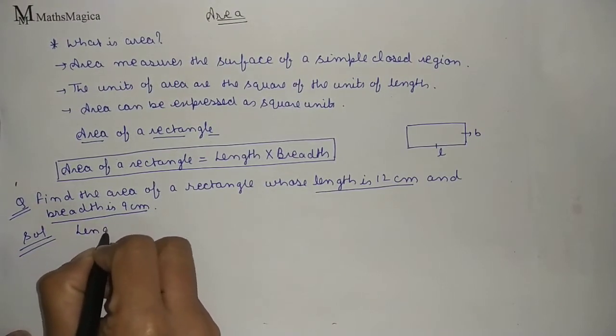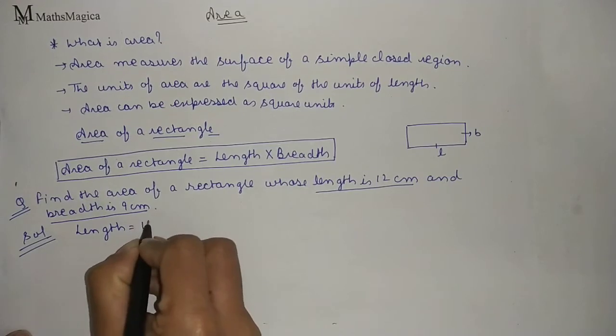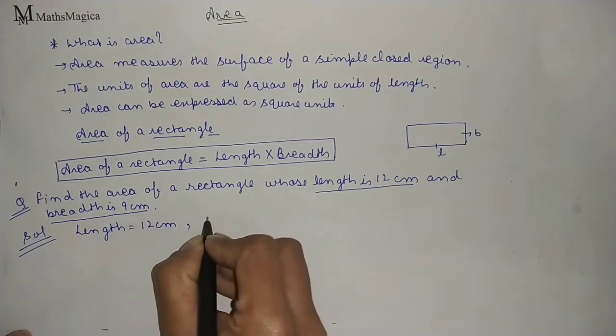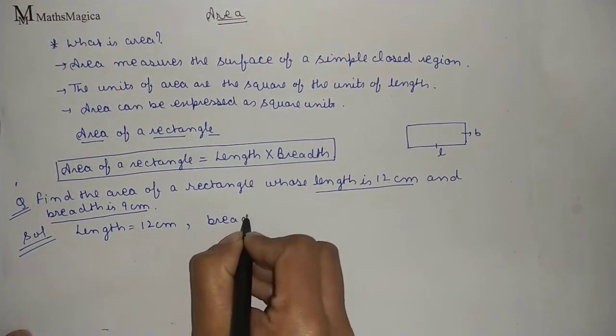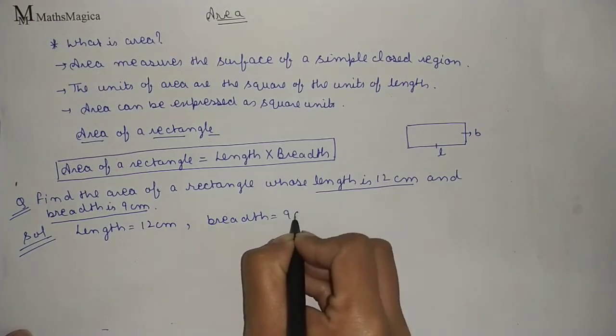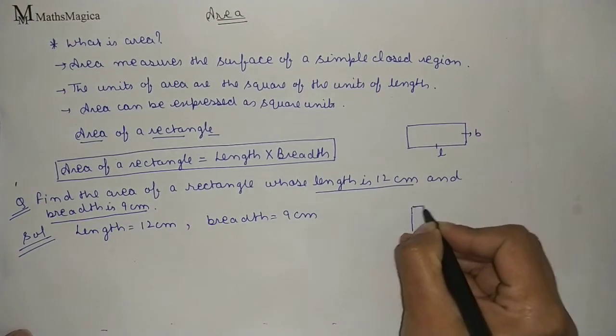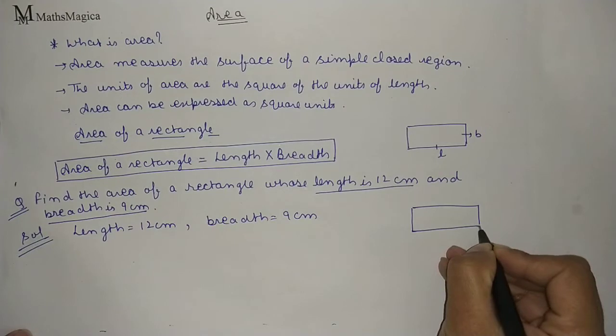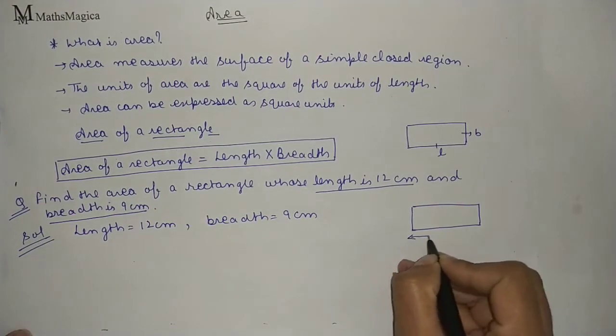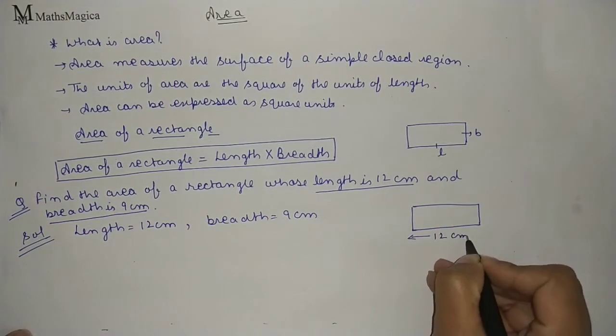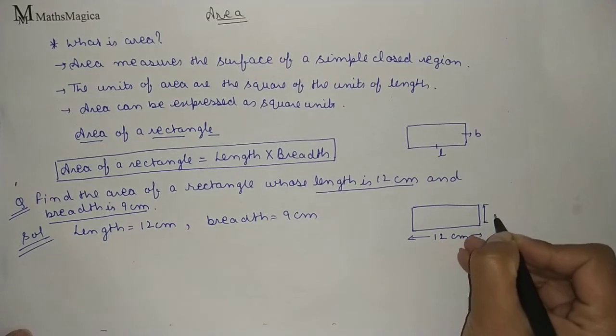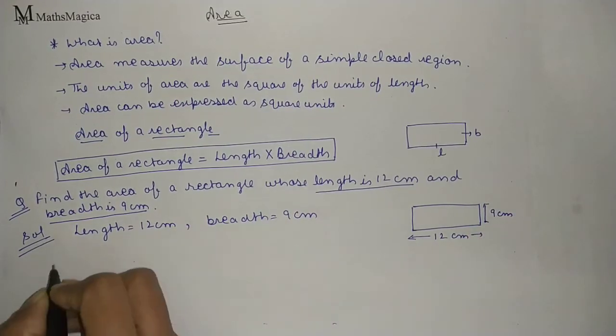Length is equal to 12 centimeter. Breadth is equal to 9 centimeter. This is a figure of rectangle. Length is 12 centimeter. Breadth is 9 centimeter.